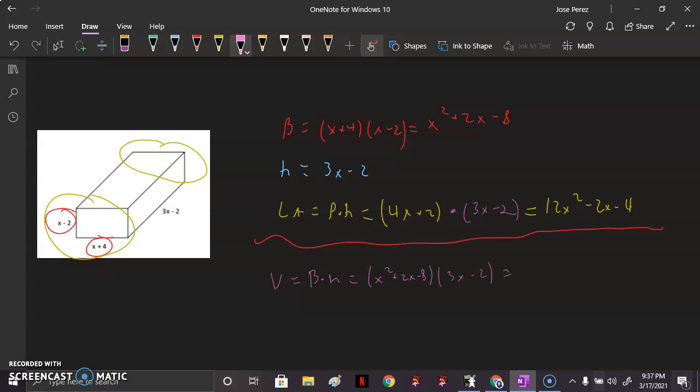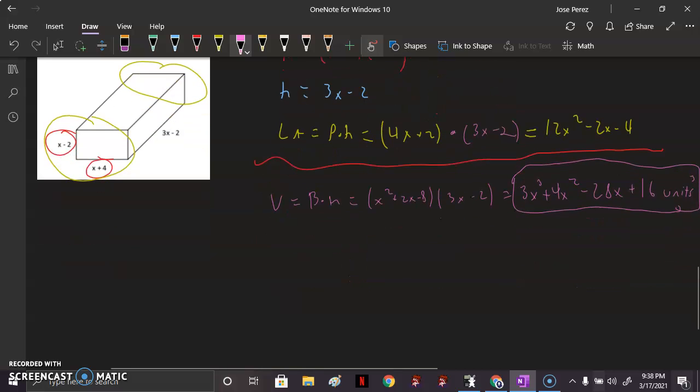And when we do all that amazing math, we would get 3x cubed plus 4x squared minus 28x plus 16. And that would be our volume. It doesn't give us units, but we'll put units. And since it has the third degree as the highest value, we're going to say units cubed.